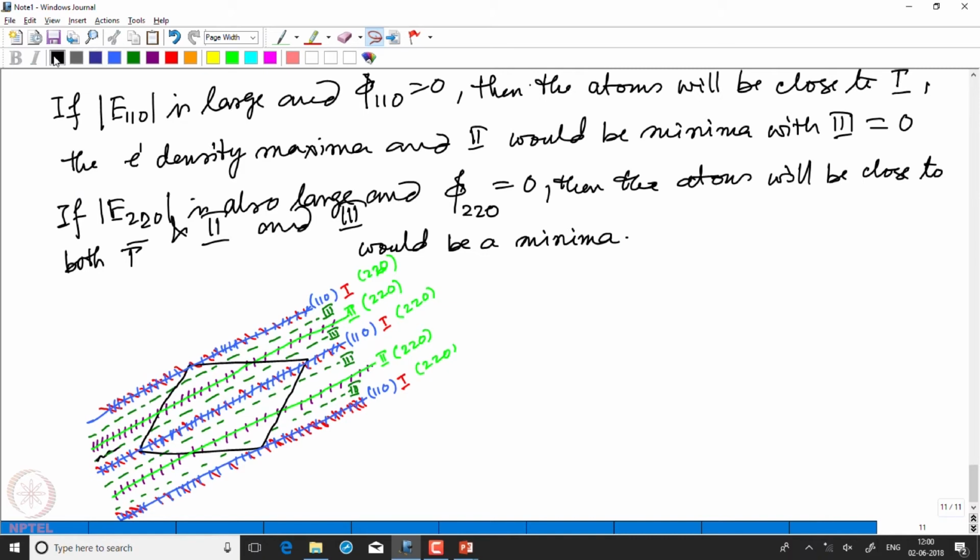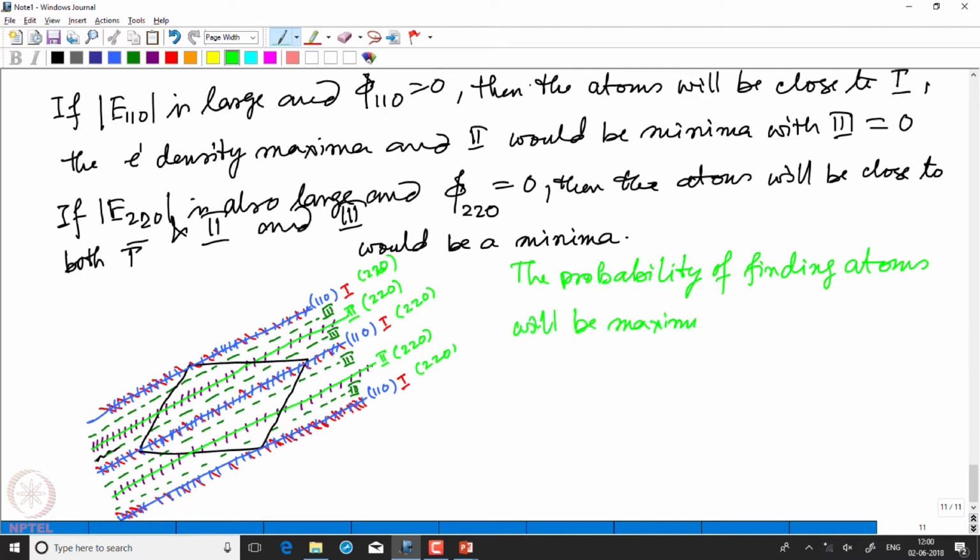So the probability of finding atoms will be maximum in the regions near the line 1 if both the conditions are satisfied.